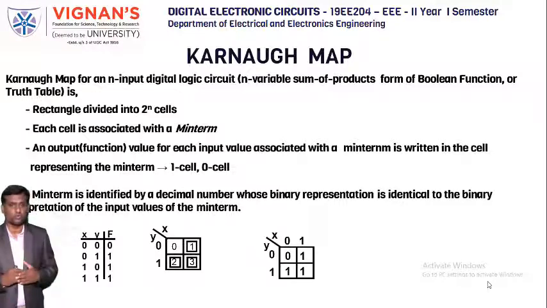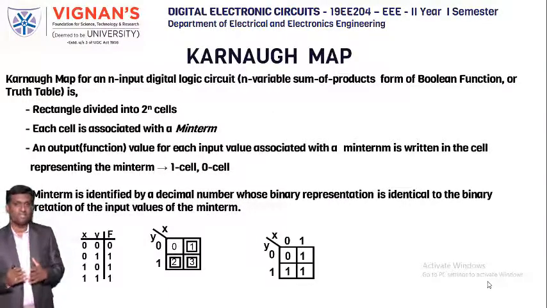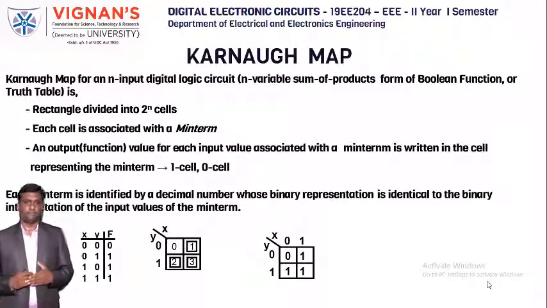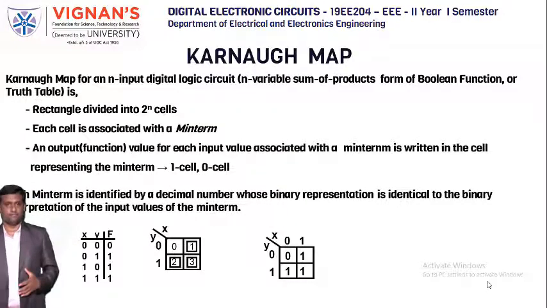So if you observe the truth table, the rows 0, 1, 1, 0, 1, 1 have output function of 1, because from the Boolean function or standard form of the representation with the help of truth table, in order to represent minterms, usually we consider output function in the truth table having 1 as a minterm.